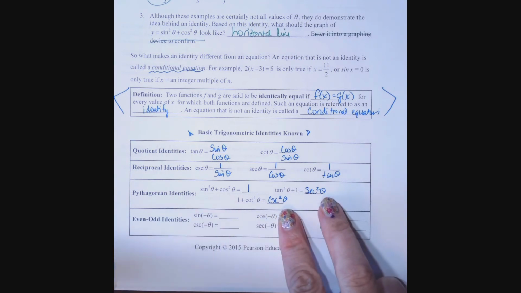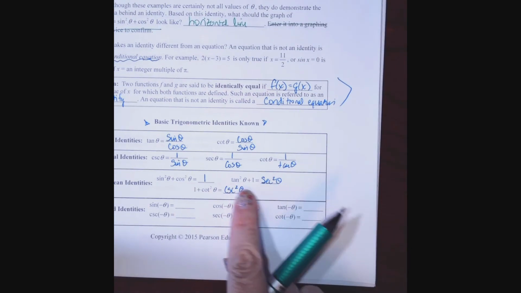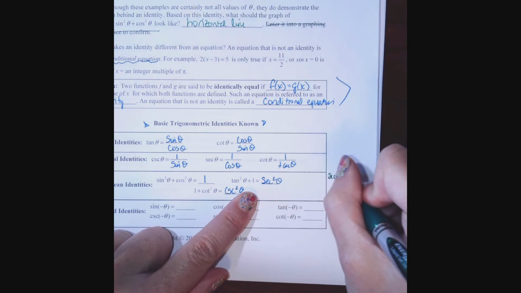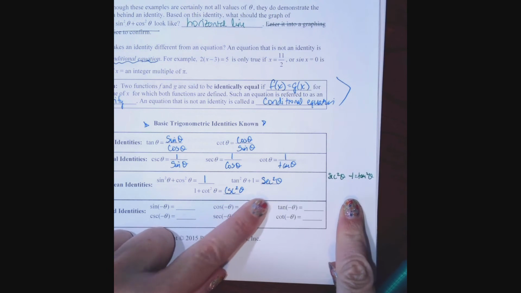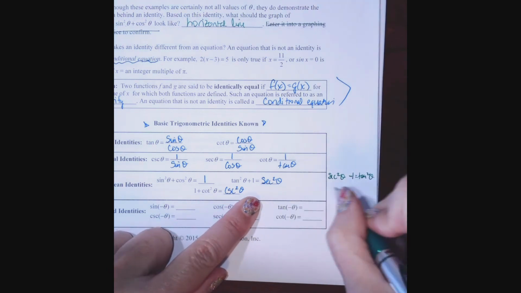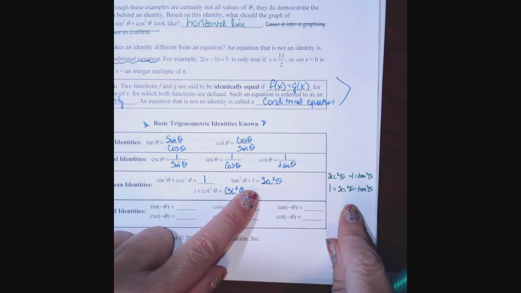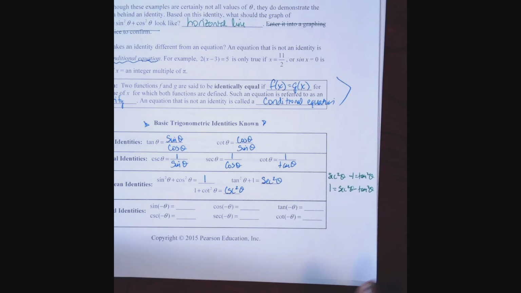They can be turned around and rewritten. For example, tangent squared theta plus 1 equals secant squared theta could also be written as secant squared theta minus 1 equals tangent squared theta by moving the 1 over, or 1 equals secant squared theta minus tangent squared theta. So each of these three can be turned around and rewritten in terms of one of the other pieces.